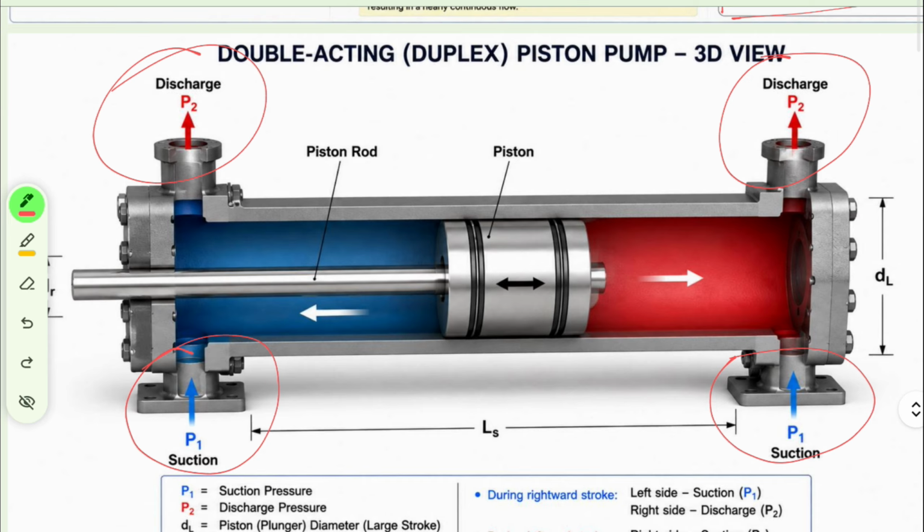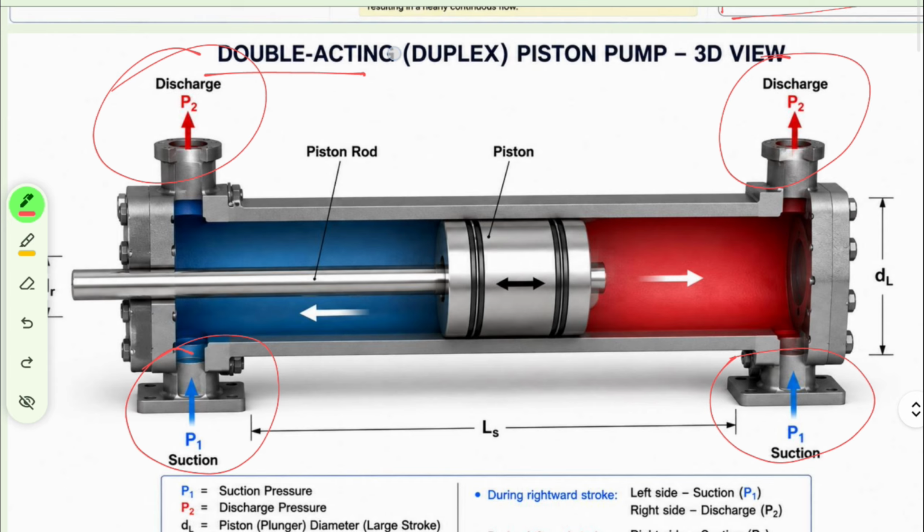The arrangement in this piston cylinder device and its working principle are the same as the previous one. So what are the different things? Earlier there was one suction, one discharge, but in this case there are two suction, two discharge. That is why it is known as a duplex pump, right? Double acting. Remember that double acting means two suction, two discharge.